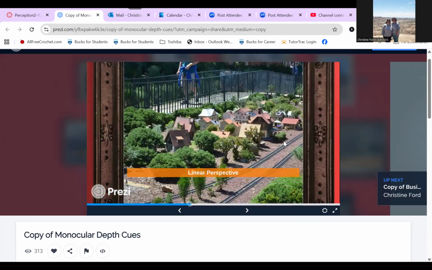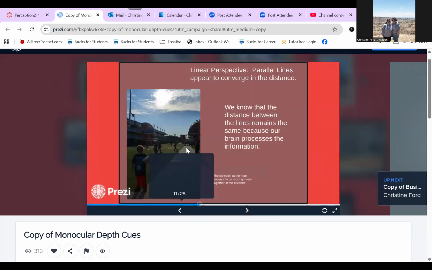Linear perspective, you see the tracks and how they look like they're getting smaller. And you also see it in this sidewalk right here, of how it looks like it's going in and eventually going to hit a point.